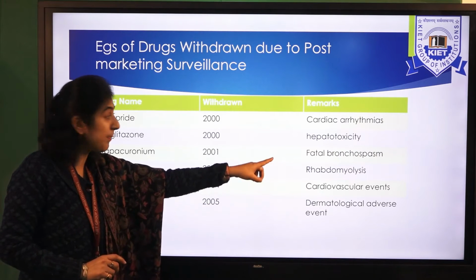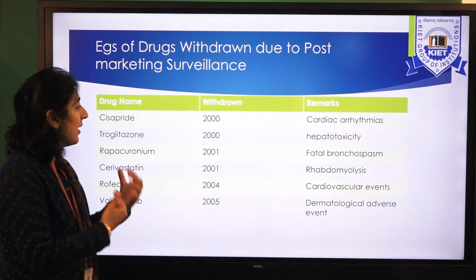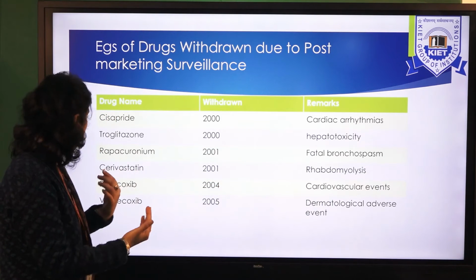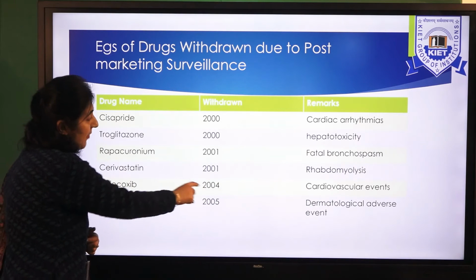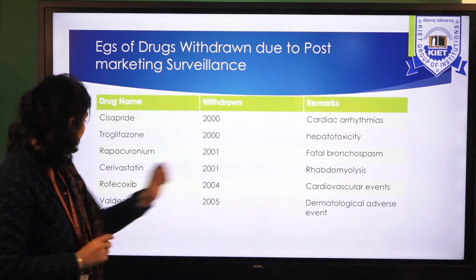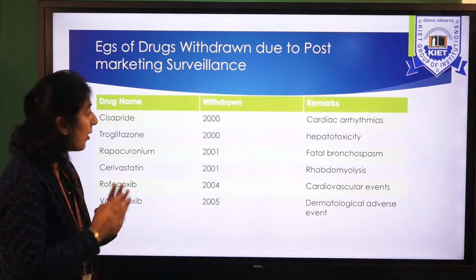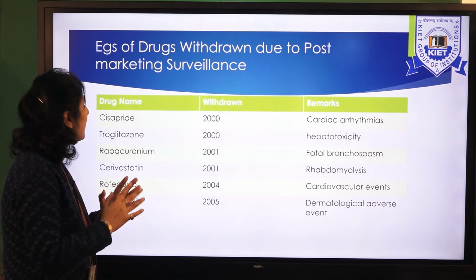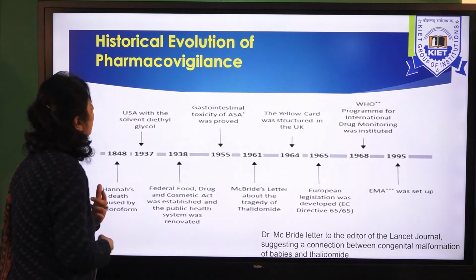So here there is breakdown of the muscles, and rhabdo means that it occurs in a particular frequent manner as the dose is increasing. Rofecoxib withdrawn in 2004 due to cardiovascular events. Valdecoxib withdrawn in 2005 due to dermatological adverse events. Like this, we have so many drugs which are getting withdrawn due to pharmacovigilance.